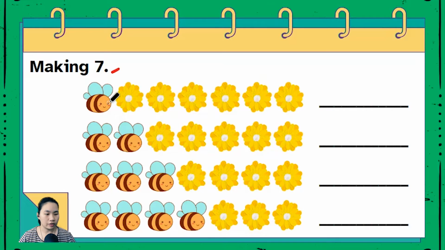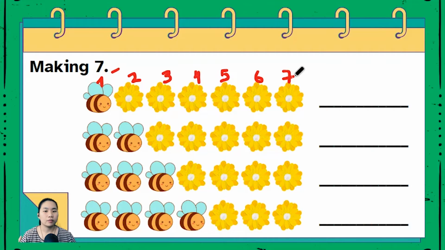If you remove the bees, the total amount of flowers is 7, okay? I'll show you. 1, 2, 3, 4, 5, 6, 7, okay? So now we're trying to figure out what are the number combinations that make up 7.